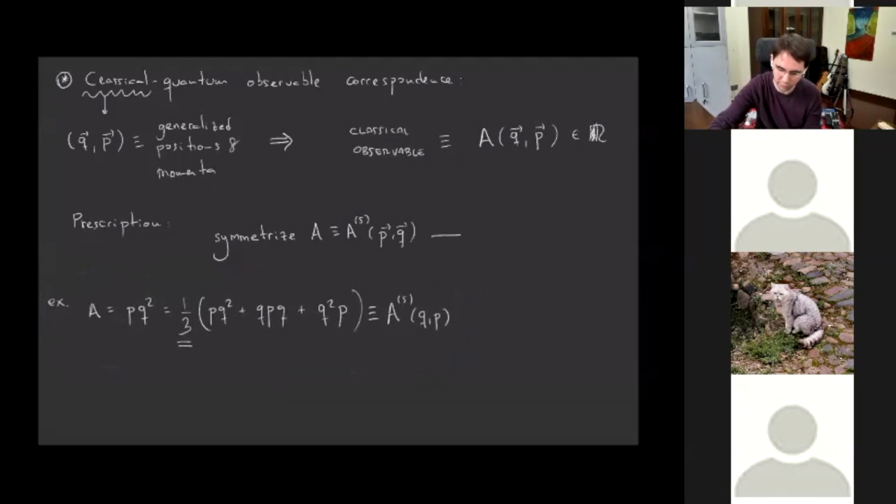Okay, so given the symmetric form of A, the prescription says that the quantum mechanical operator is simply the symmetrized function, now replacing the classical position and momentum variables by position and momentum operators.